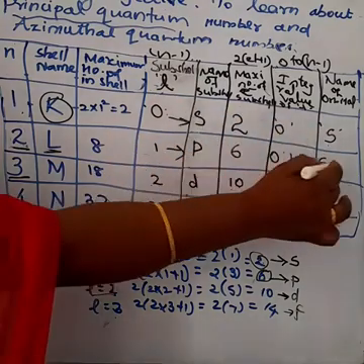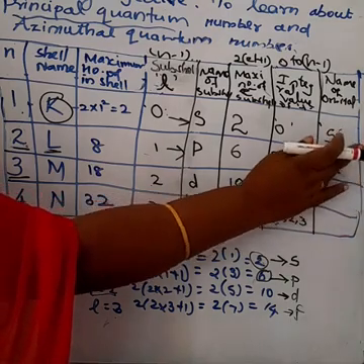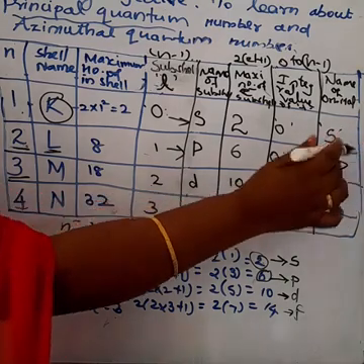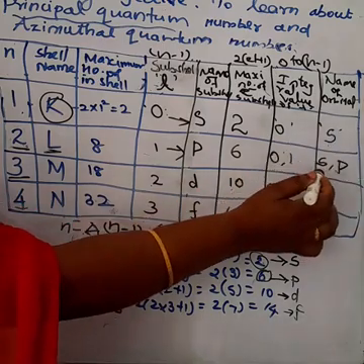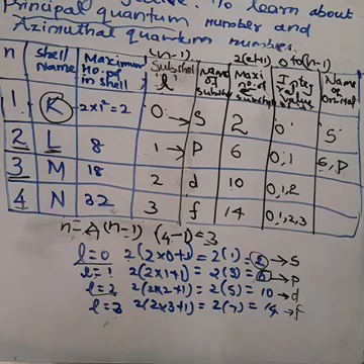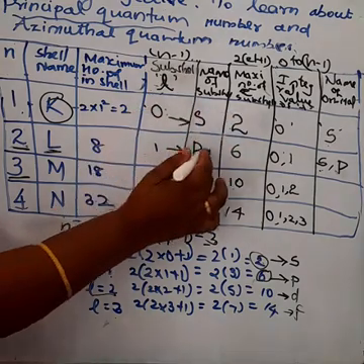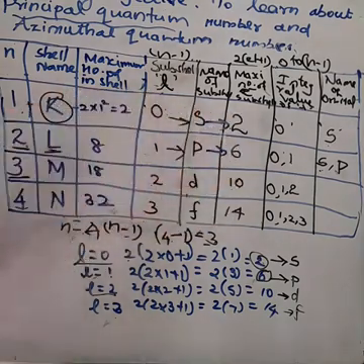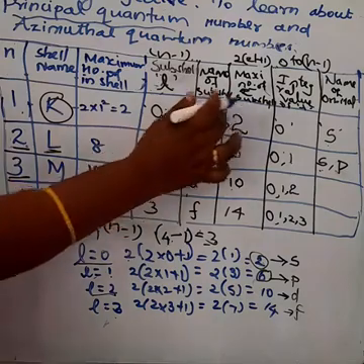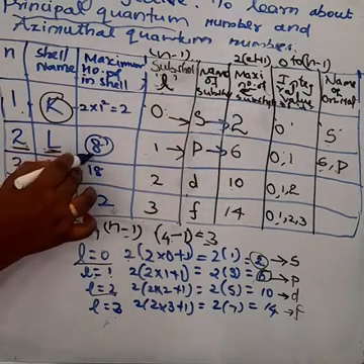The s orbital can accommodate a maximum of 2 electrons, and the p orbital a maximum of 6 electrons. So 2 plus 6, totally 8 electrons. We know the L orbit can accommodate a maximum of 8 electrons.